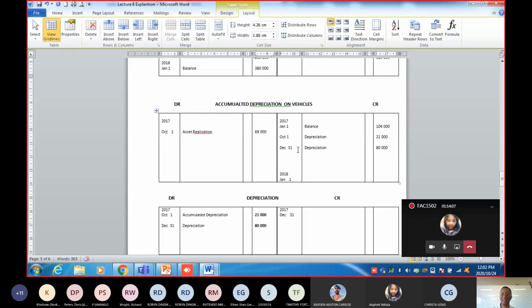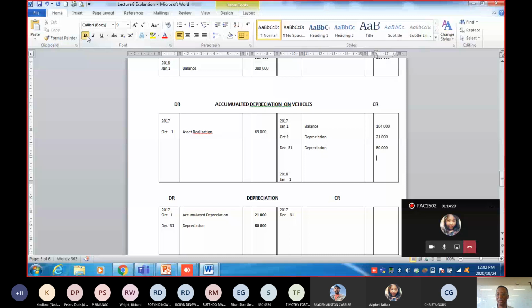You're going to balance this account now, add up your debit side, and you add up your credit side. If you add up your credit side now, you will get 104,000 plus the 21 plus the 80,000, and that will give you an amount of 205,000 Rand.